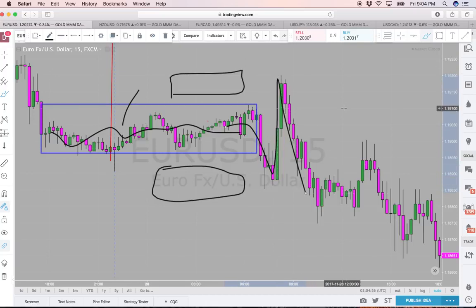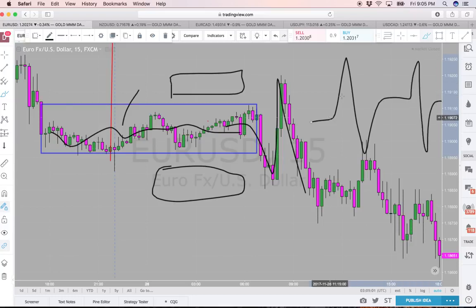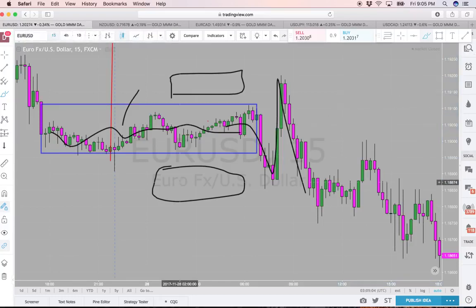This basically kind of like a heartbeat monitor goes like that, bump, bump, bump, bump, bump, bump. But it's going up and down. The market goes down to activate the sell stops here in this area, and it goes up not only to hit the stop losses of the sell stops that are in here. They have their stop losses above the high here, but they also activate the buy stops.